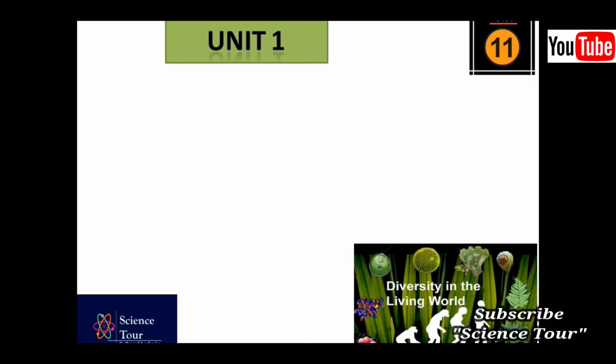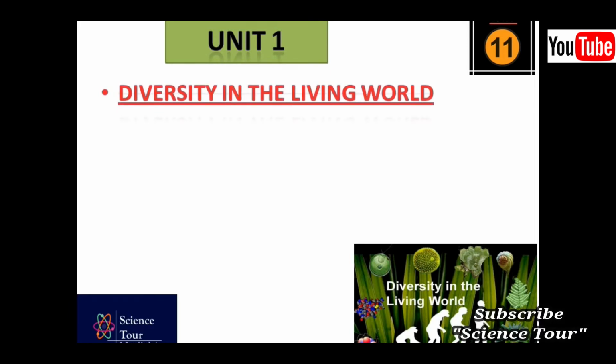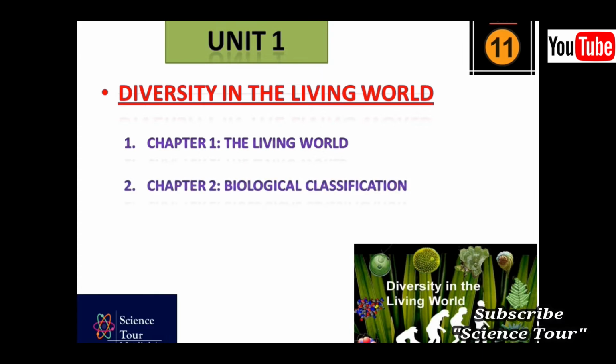We will come to unit number 1, which includes diversity in the living world, and chapter number 1 includes the living world. Here in the living world, we will study the definition of living organisms, what are the characters, what is biodiversity, how to name an organism, what is taxonomy.